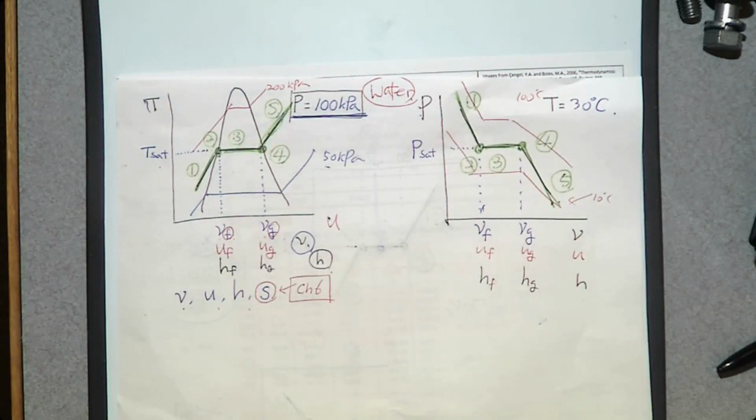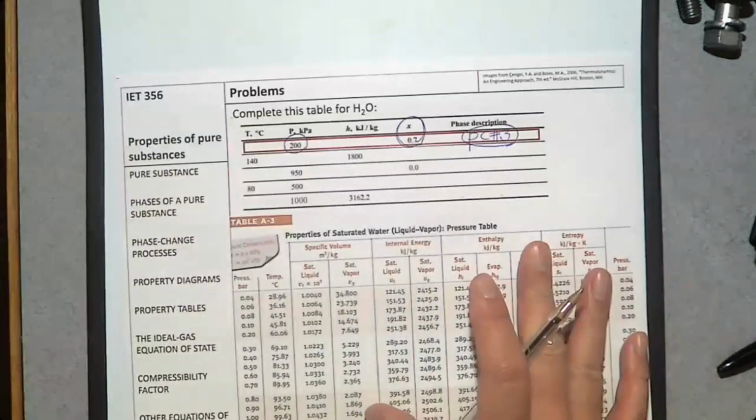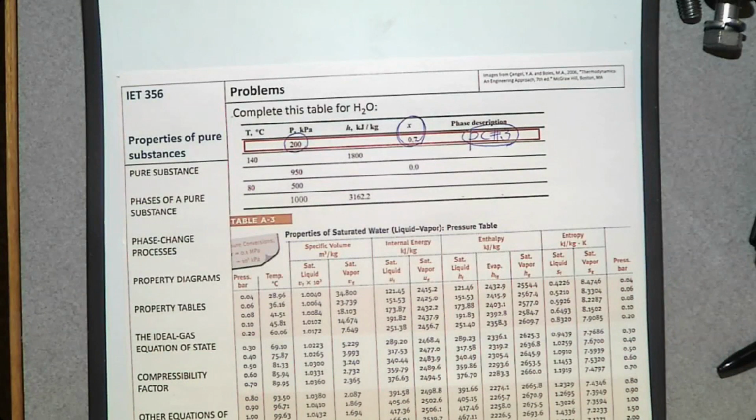On the T-v diagram the saturated mixture is here, so its temperature is T sat. On the P-v diagram the saturated mixture is here, so its pressure is the saturation pressure. Going back to this problem, the pressure is 200 kilopascal, and we want to determine the temperature, which is the saturation temperature at 200 kilopascal.